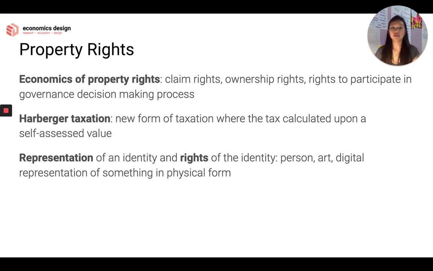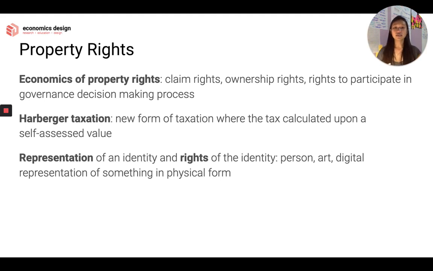So a value that's defined by the property agent, a value that's defined by your company, so your income, and then your tax upon that, or the value of an art piece when you pay at auction, and then you have to give them tax or something.